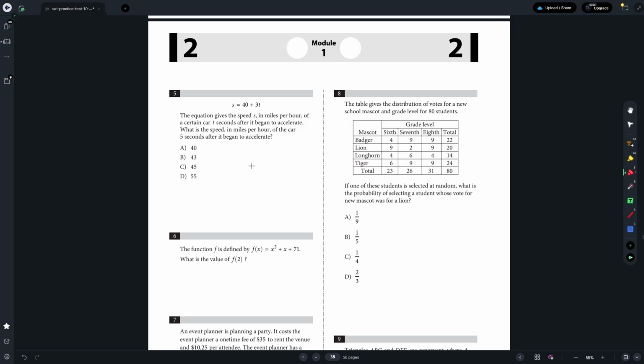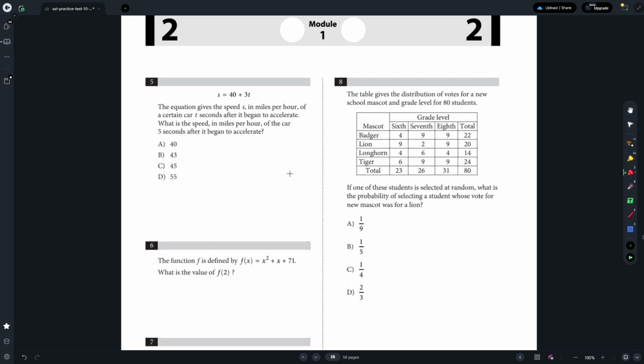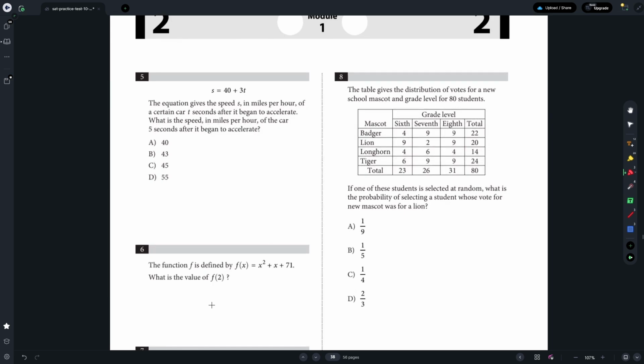All right, number 5. The equation gives the speed s in miles per hour of a certain car t seconds after it began to accelerate. What is the speed in miles per hour of the car 5 seconds after it began to accelerate? So they're asking for the speed, which is s. So we're solving for s in this equation. But we have another variable here. How do we eliminate this variable?